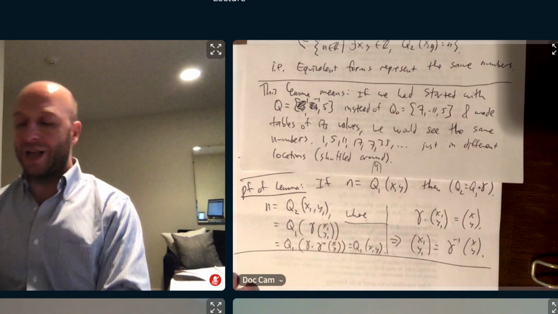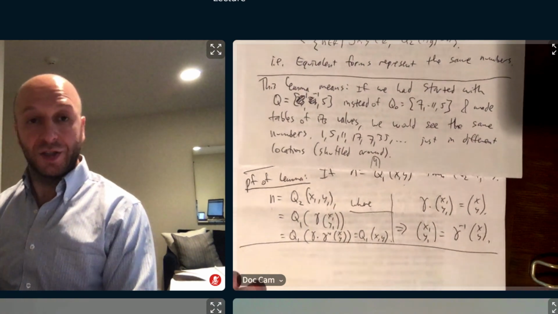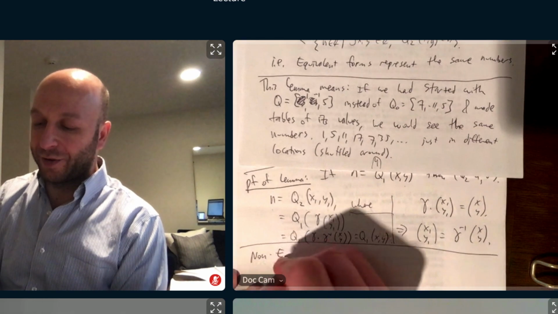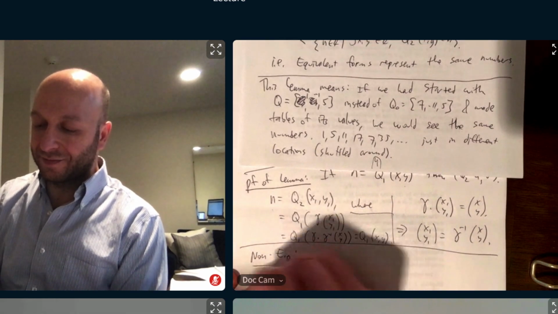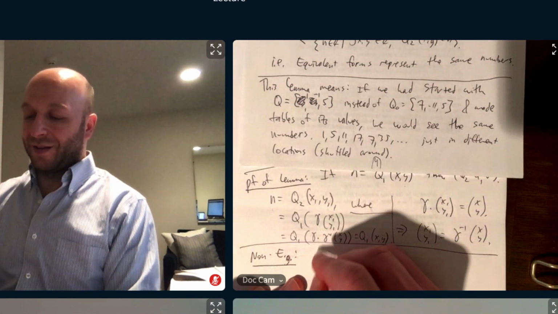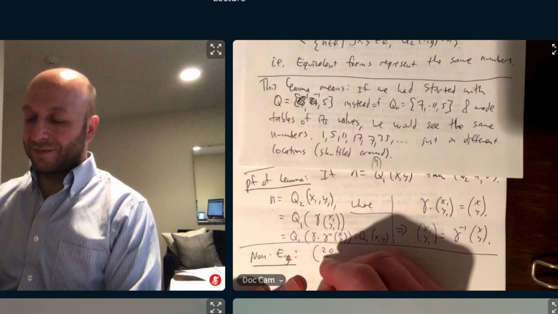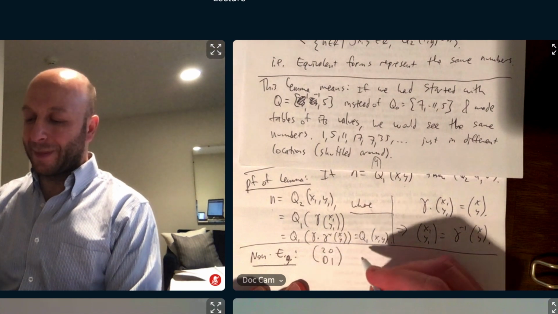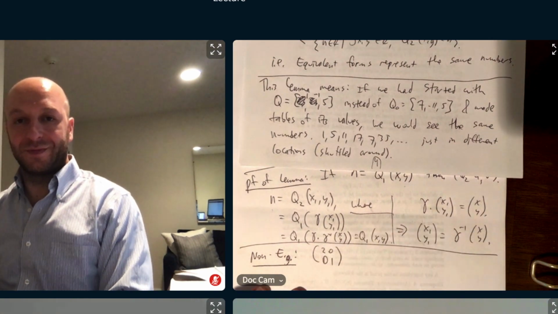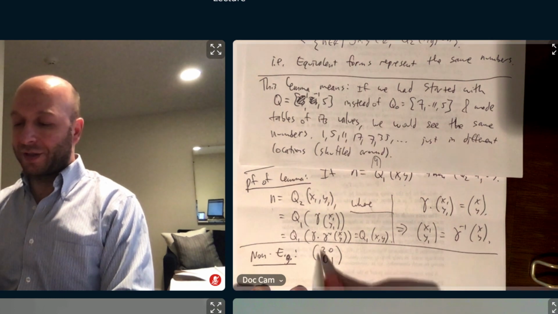Now what if they were non-invertible integer matrices? So here's a linear transformation. This is a non-example. This matrix. Is this matrix invertible? Sure, it has determinant 2, right?